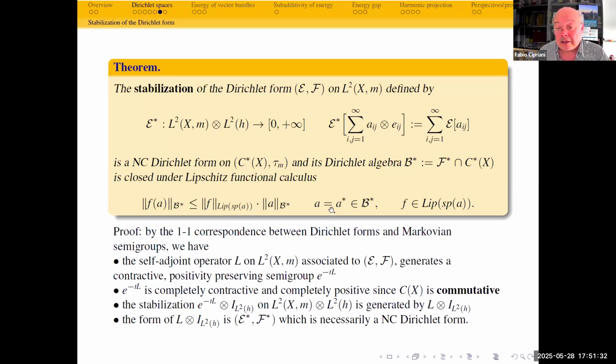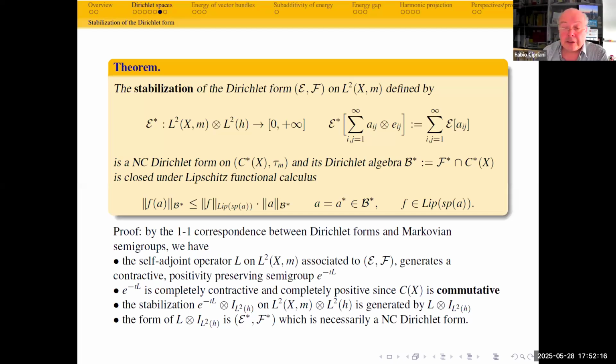That means that if we take a self-adjoint element a in the Dirichlet algebra, and we form a Lipschitz function f of a, then this is still in the Dirichlet algebra, and its norm there can be bounded by the norm of the original element a times the norm of the Lipschitz function in the Lipschitz algebra on the real line. So essentially the uniform norm plus the Lipschitz constant.